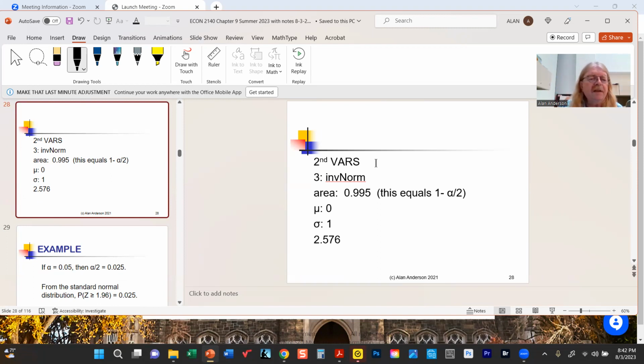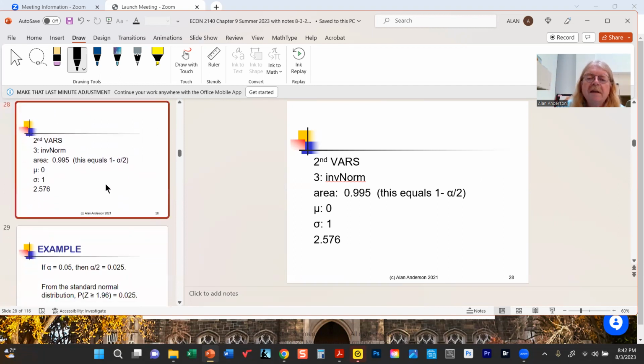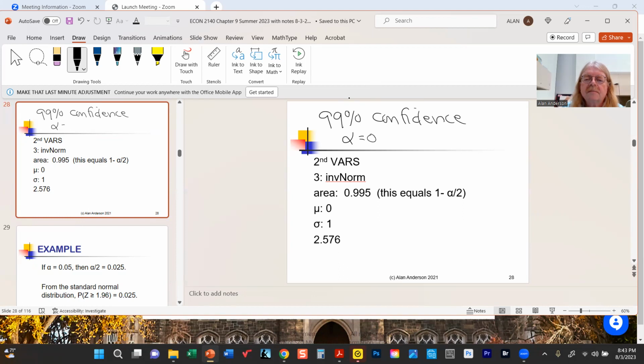Now, for this one, let's see, what have we done? This is actually the 99% case. I just realized it's 99% confidence. That means 1% in either tail. Sorry, total 1% split up between the two tails, and then 0.5% is in either tail in this case.